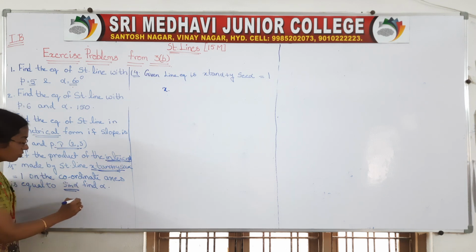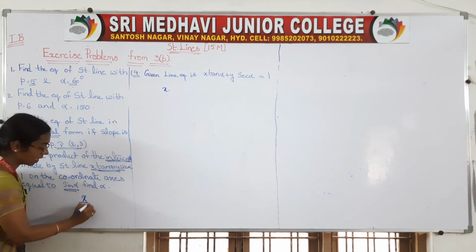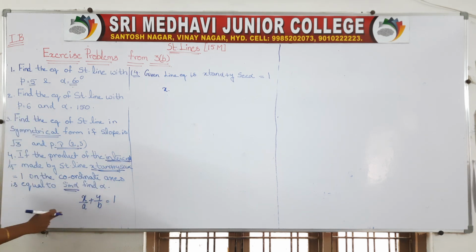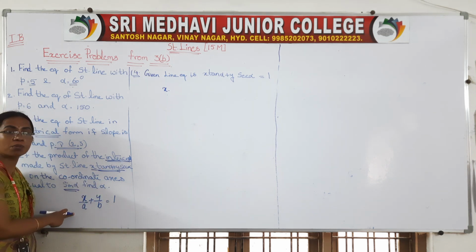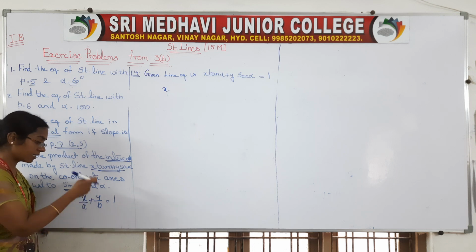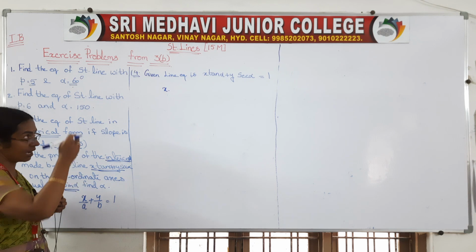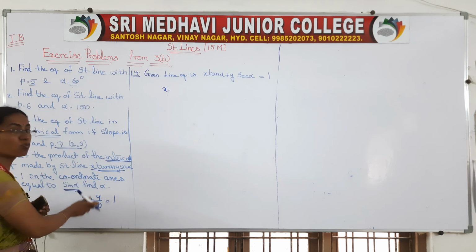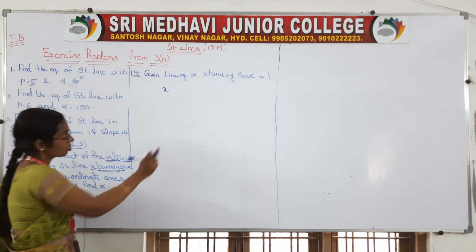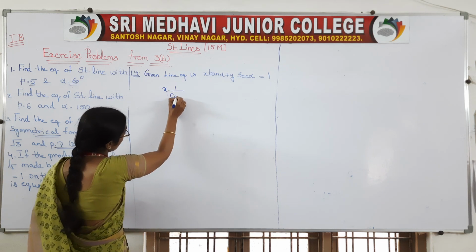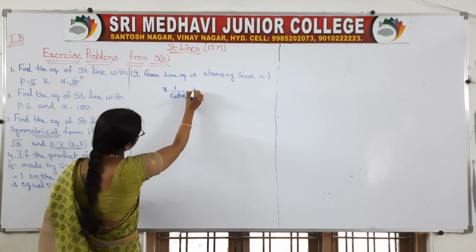What is the intercept form, girls? It is x by a plus y by b is equal to 1. Then we can say that that is the intercept form of the line, where a is the x-intercept and b is the y-intercept. So try to write this line equation in this form. How can we write? Tan alpha, can I write tan alpha as 1 by cot alpha? Definitely we can write.